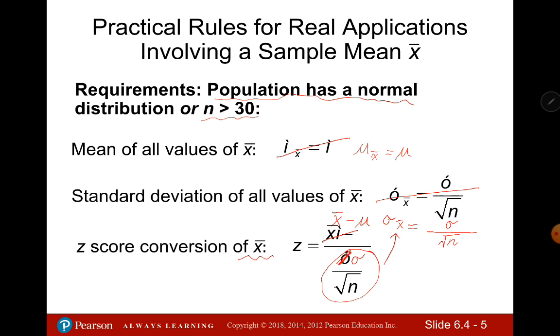So that's the formula for the central limit theorem. The central limit theorem is just talking about the distribution of all the sample means x bar, not the single x value.